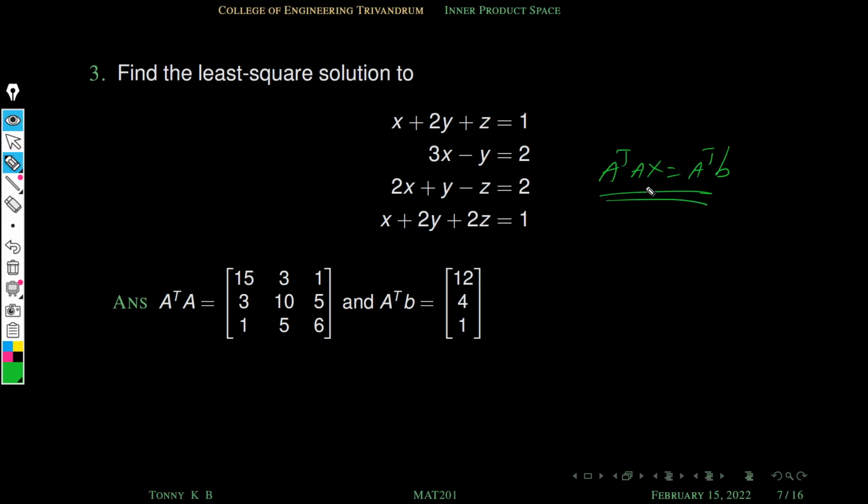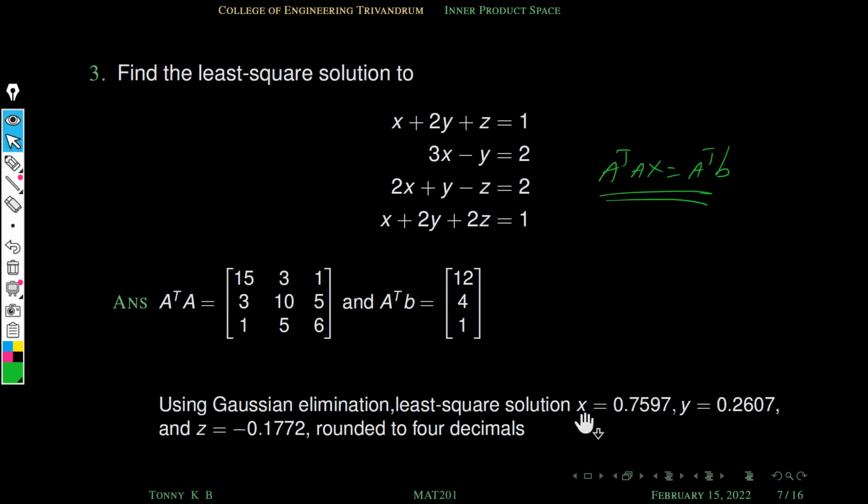You can solve the system using Gauss elimination or any other method. By solving the system, we have x is equal to 0.7597, y is equal to 0.2607, and z is equal to minus 0.1772. So this is the best possible solution for the system in the sense of least squares. Okay, thank you.